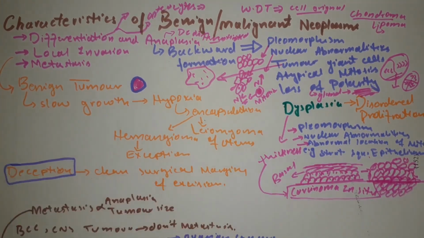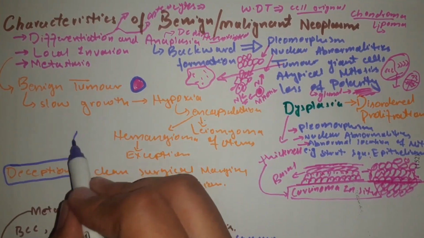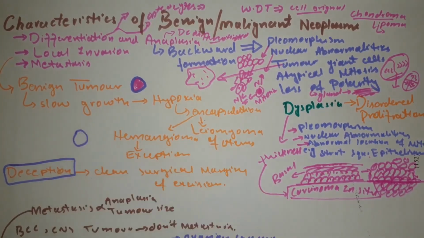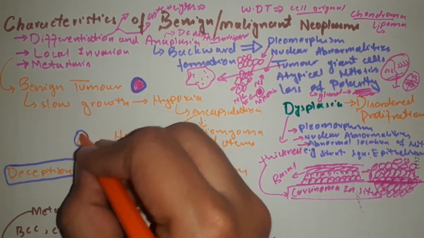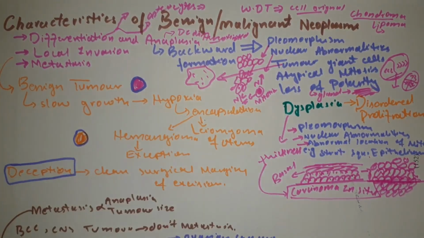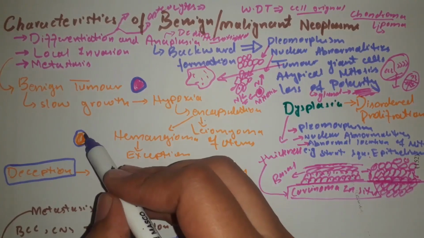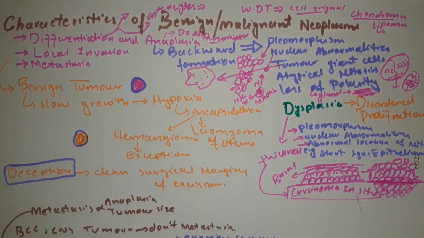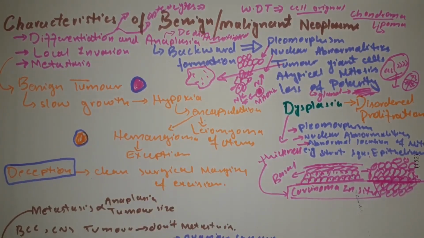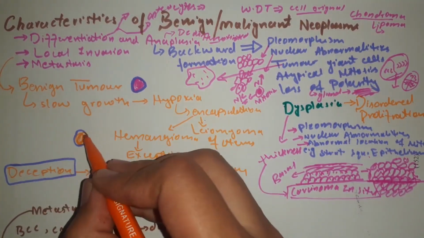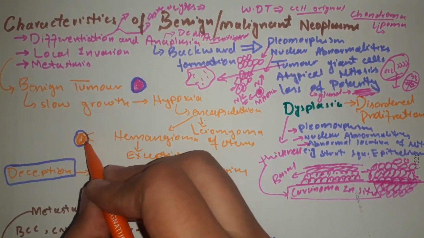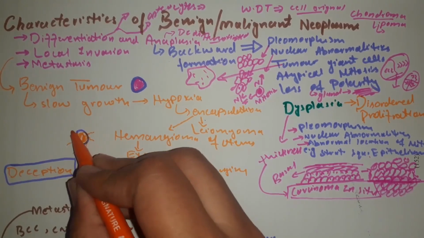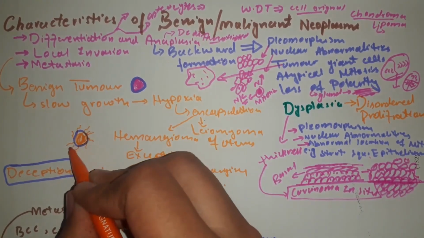How? Supposedly this was a malignant tumor, and you imagine that this is a tumor, and this bluish color appearing, suppose that this was a capsule. But in a malignant tumor, what happens? In most cases, small crab-like extensions are going out of the capsule, and these extensions are basically showing local invasion.